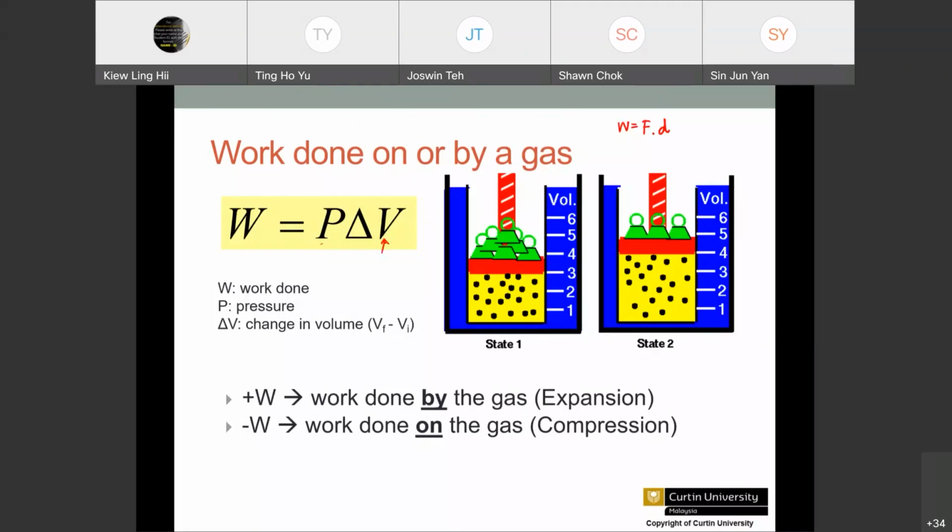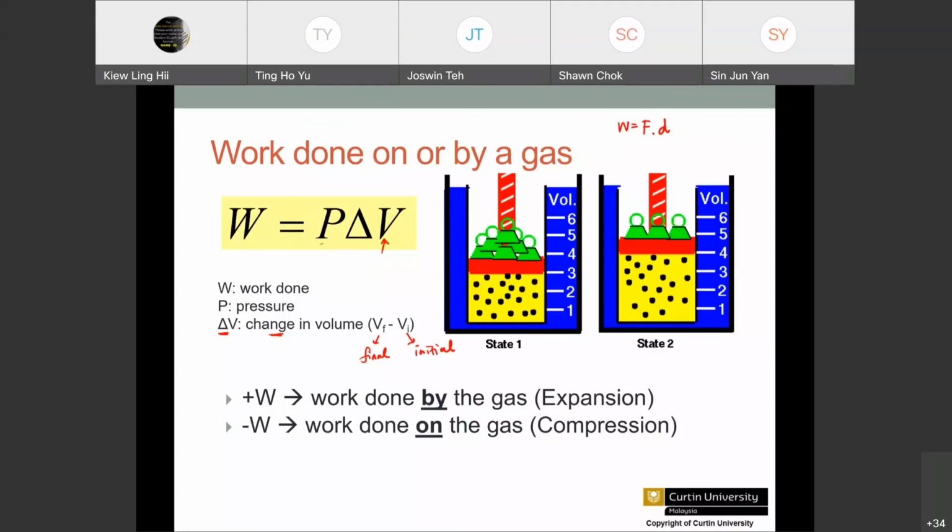Remember, there is work done when there is a change in volume. Change means final minus initial. So when there is a change in volume, there will be work done.